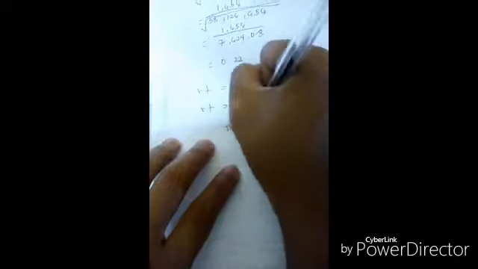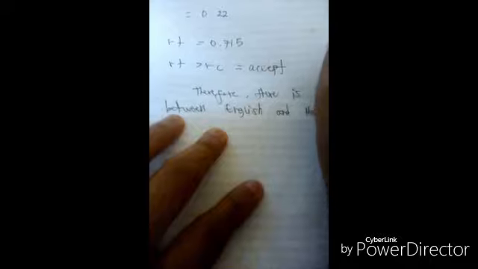Therefore, there is no significant relationship between English and math scores of the students.